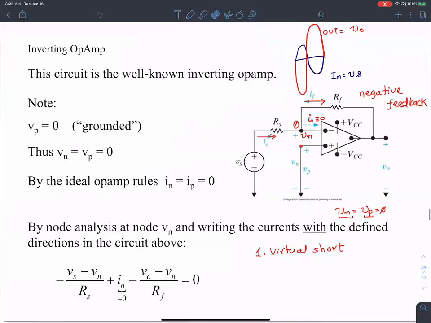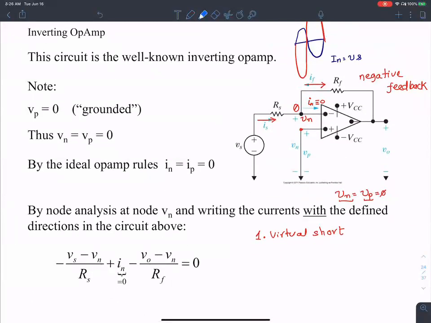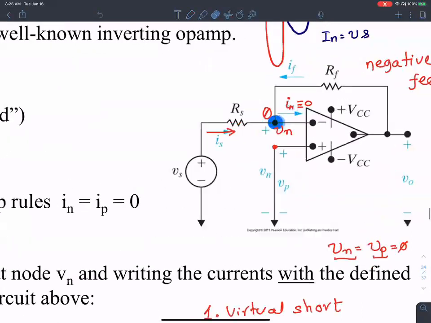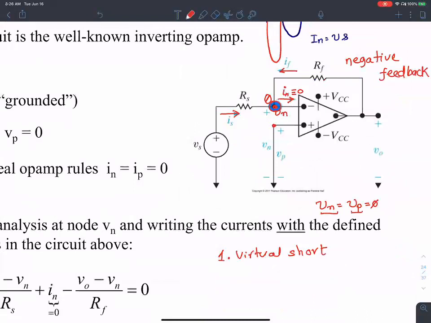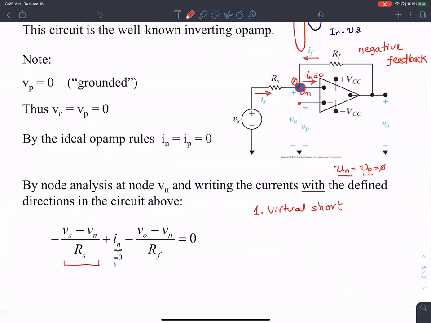So let's see if we can derive that. The first thing I'm going to do is look at that node right there and write the node equation. For the directions that I have shown here, the sum of currents at this node should equal 0. There are three currents, IS, IF, and IN, and I sum them to be 0.